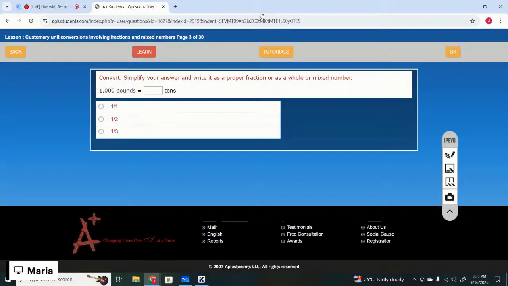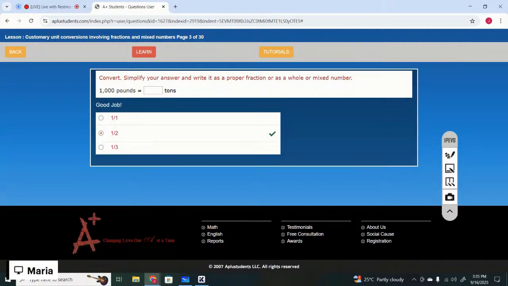It would be 1 by 2 tons. Option number 2 is the correct option.